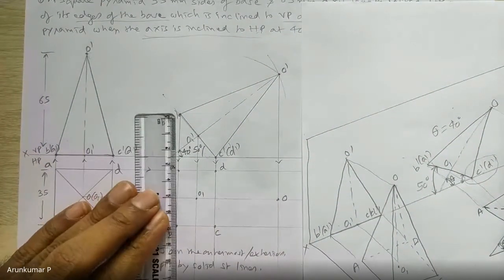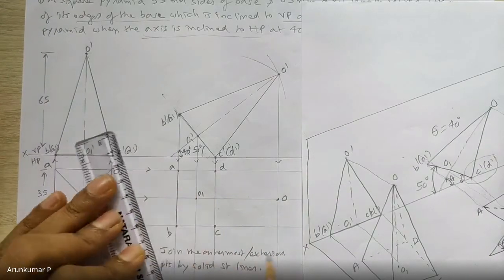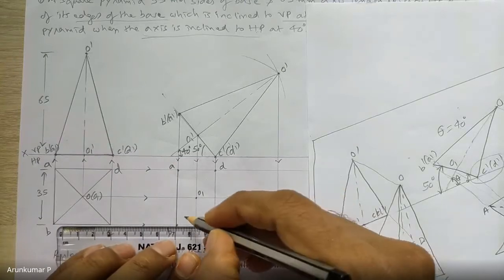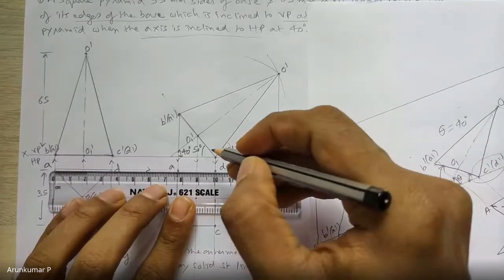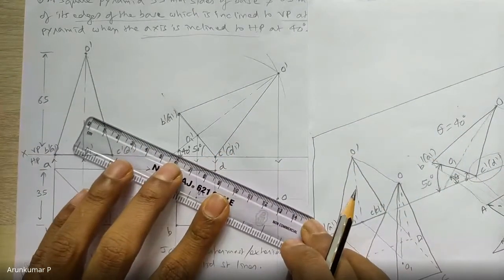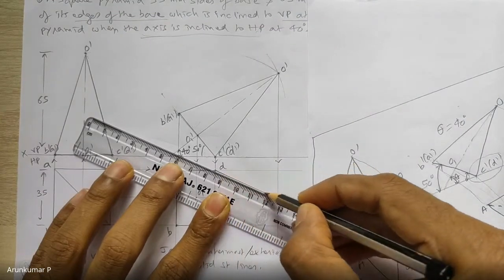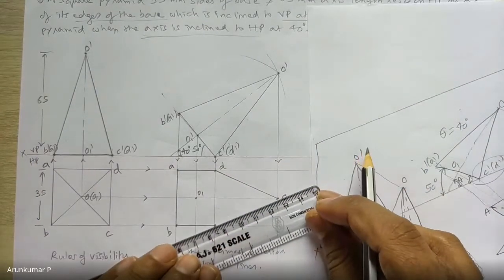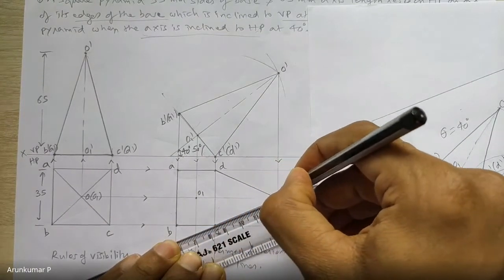We'll join A to B. We'll join B to C. We'll join A to D. We'll join D to O. And we'll join O to C. These are the 5 exterior points.